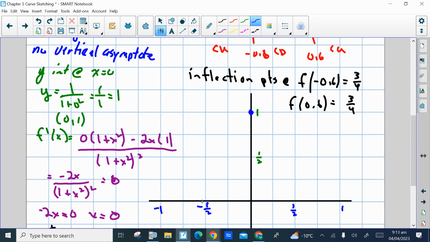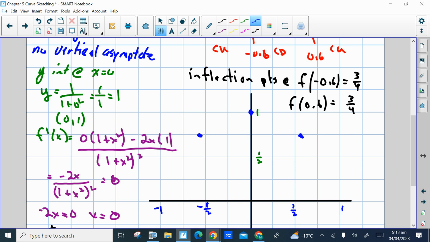So at -0.6, which is a little less than -1/2, we're at 3/4, which is right there. That's a point of inflection. And then at +0.6, we're also at +3/4.